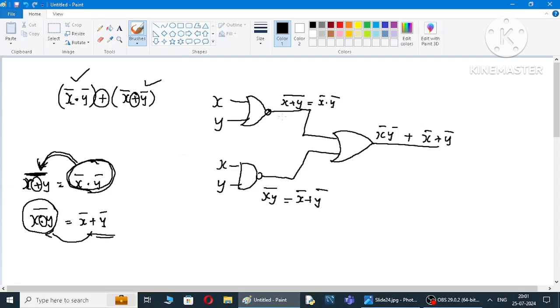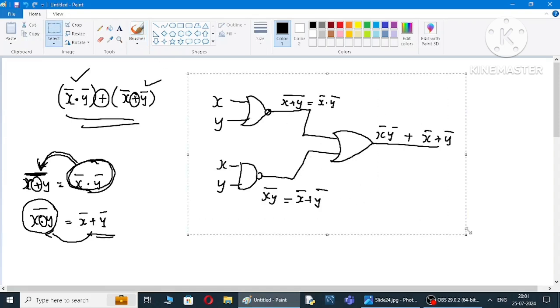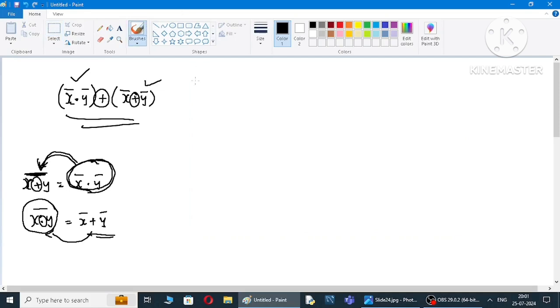And you need not do this unless you have a question saying to draw the following circuit using a NOR gate or NAND gate. Otherwise, the same circuit can be easily drawn without NOR or NAND. If you are simply asked to draw a logic circuit for this, say X bar plus Y bar, then you can draw it the usual way.